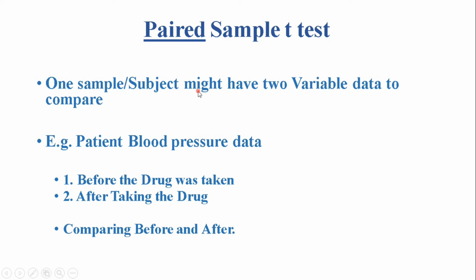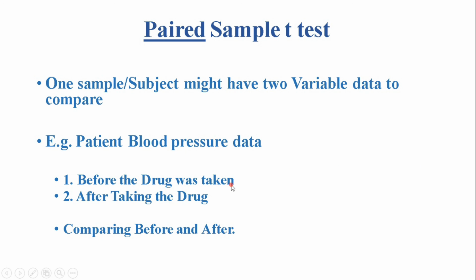Initially you will have one BP record, and after giving the drug you will observe the change in blood pressure. So you will have the blood pressure before the drug was taken and after the drug was taken, and you can compare the mean values of the population and say whether the drug has activity or not.